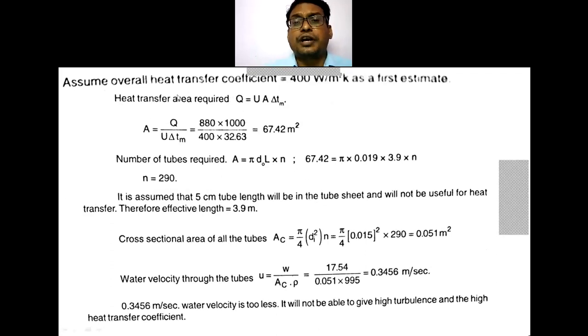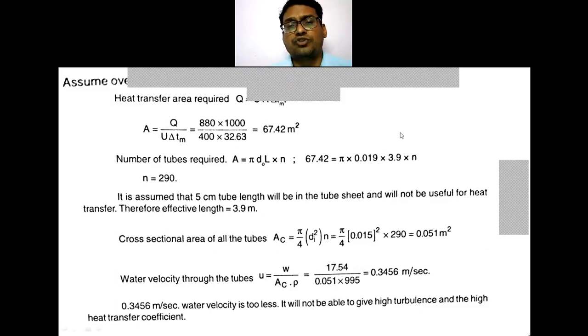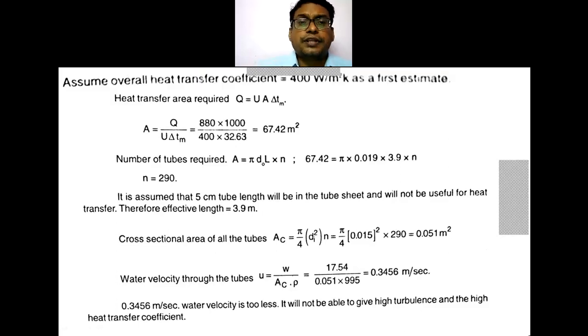Assuming the overall heat transfer coefficient as 400 watts per meter square Kelvin as the first estimate, which is already mentioned in this numerical because this is the organic solvent and water. Then the heat transfer area required: Q equals U A delta Tm. We have already calculated Q as 880 kilowatts, upon U, which is assumed 400 watts per meter square Kelvin, and the log mean temperature difference, which is 32.63.